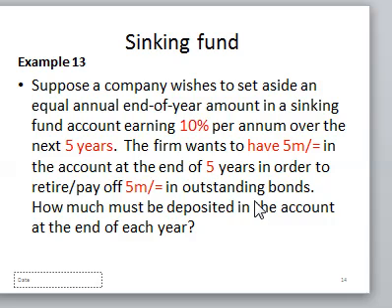So let's look at the application of a sinking fund. One of the applications of annuities is a sinking fund. When we say a sinking fund, you want a certain amount in the future, a lump sum amount, and you want to invest a constant amount in the different years, such that in period N you can accumulate the future value amount, or the amount that you need to get.